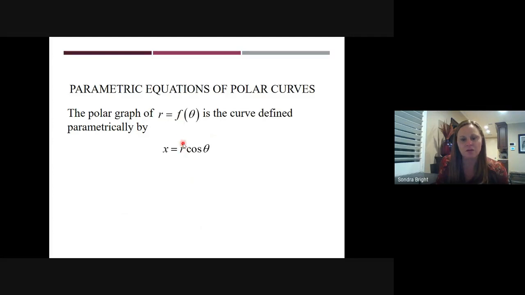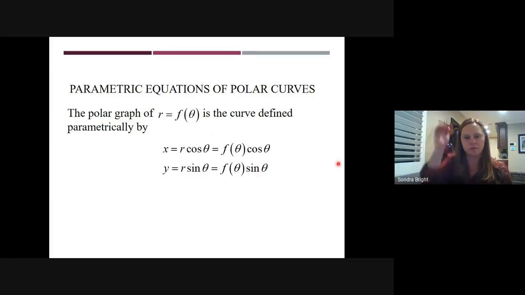And so we'll replace it with f of theta, and then you'll still have a times cosine theta. And then your y, we know, is r sine of theta. And then you're just going to replace this r with the function that they've defined, right? They will give you some function that's in terms of theta. And so f of theta times sine of theta.